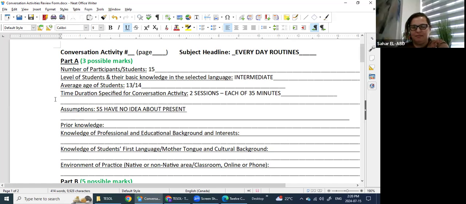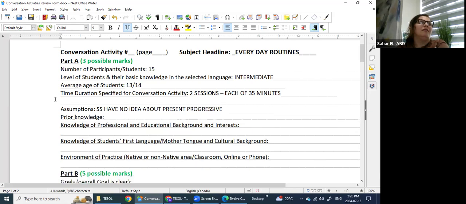It's the same. Actually present simple, not continuous. The progressive is for something you are doing now, but simple is for daily routine. The form of the present simple, yeah.